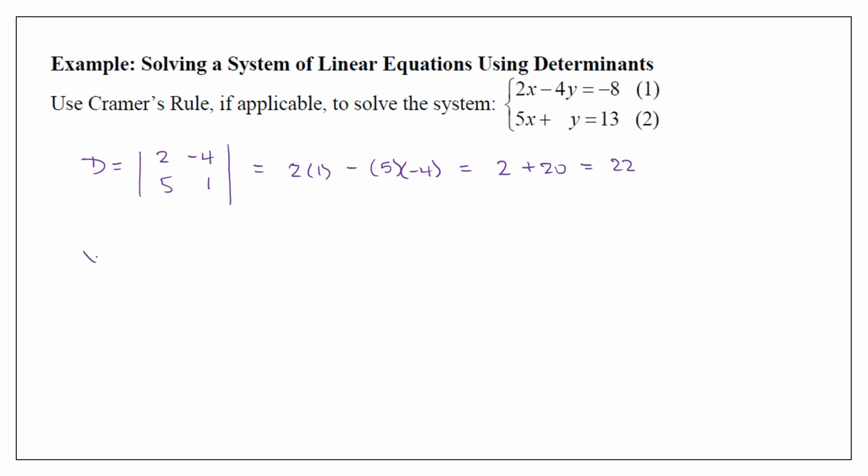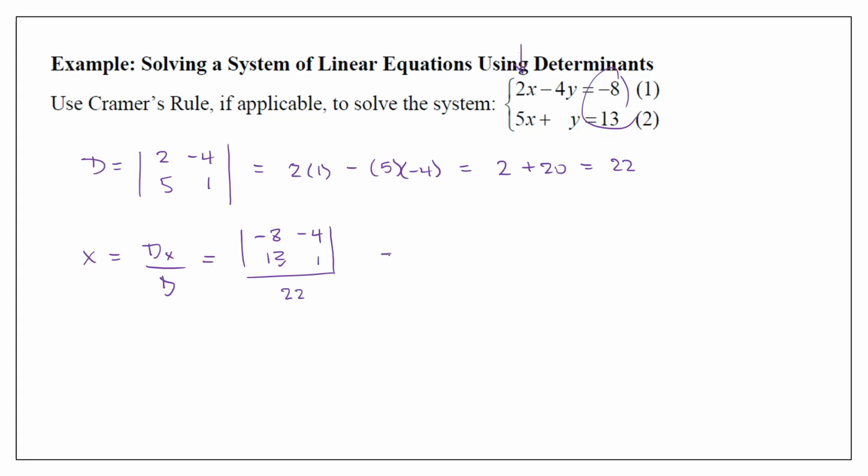So the x coordinate is going to be D subscript x divided by D. The determinant of x, not discriminant, that's actually something else, is going to be -8, 13. Your constants replace the coefficients of the variable you're trying to find. So -8, 13, and then -4, 1, divided by 22.